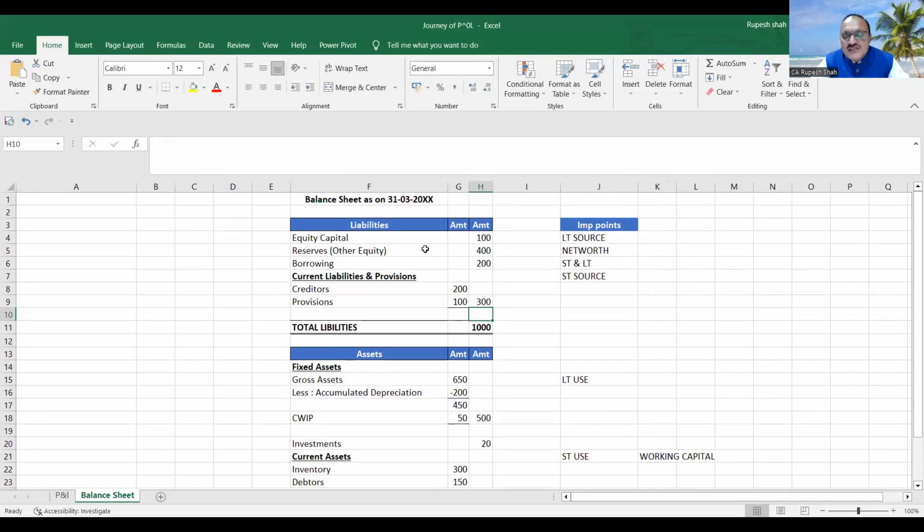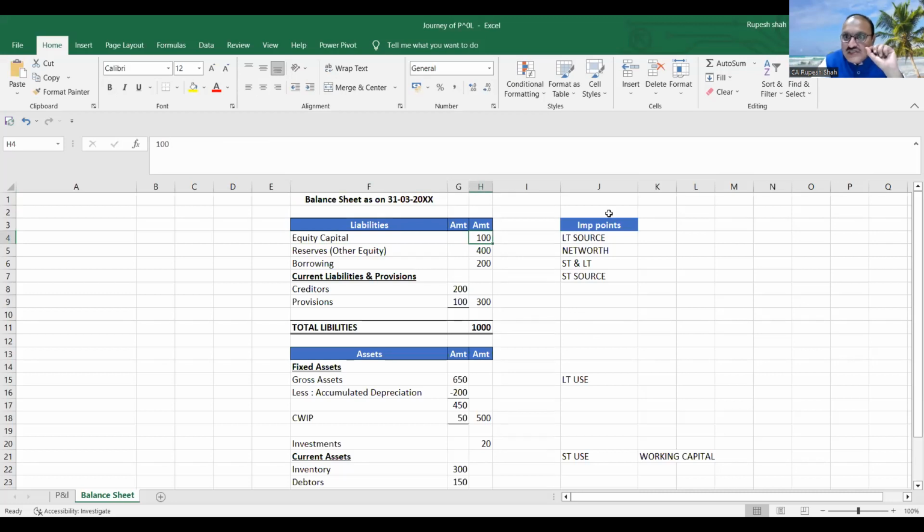Now see, this is called a vertical format. It always starts with the balance sheet as on a particular date, right? Balance sheet is on 31st March 2000-something, maybe 23, maybe 24, 25, right? Then say equity capital, that is the shareholder money. That is called shareholders' money.